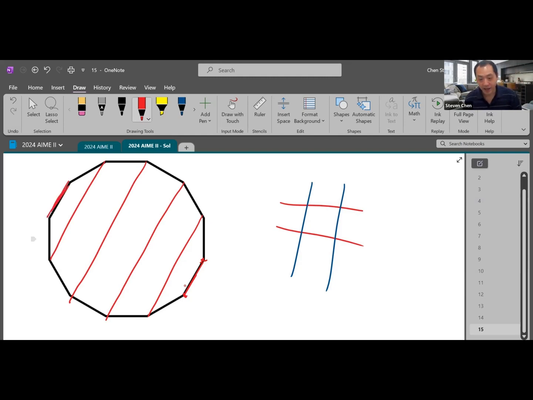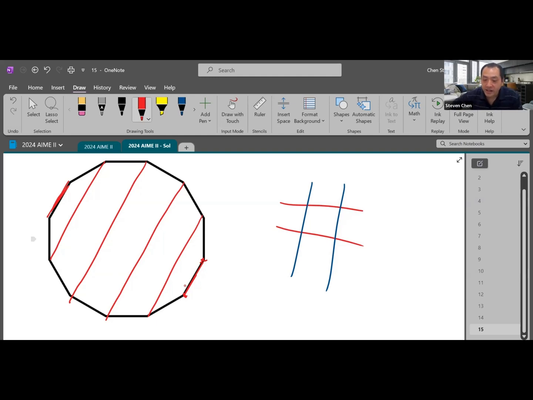So we can see that each given segment with distance 0 corresponds to a family of parallel segments, right? They have the same slopes, but just different lengths.